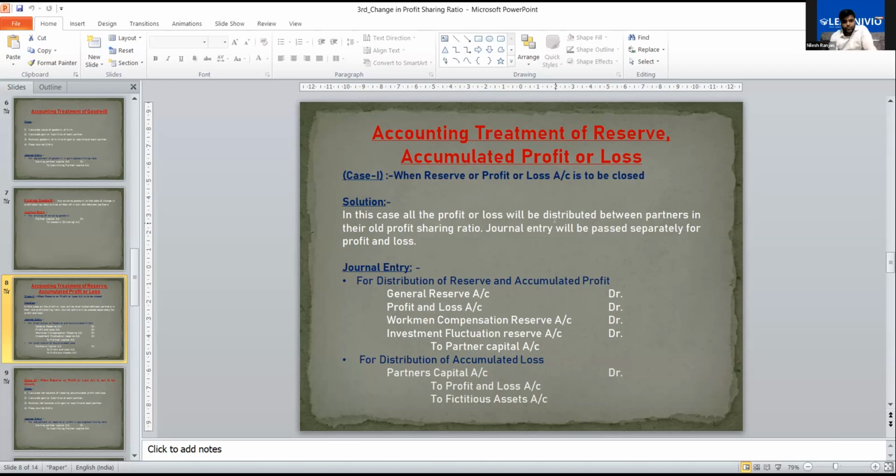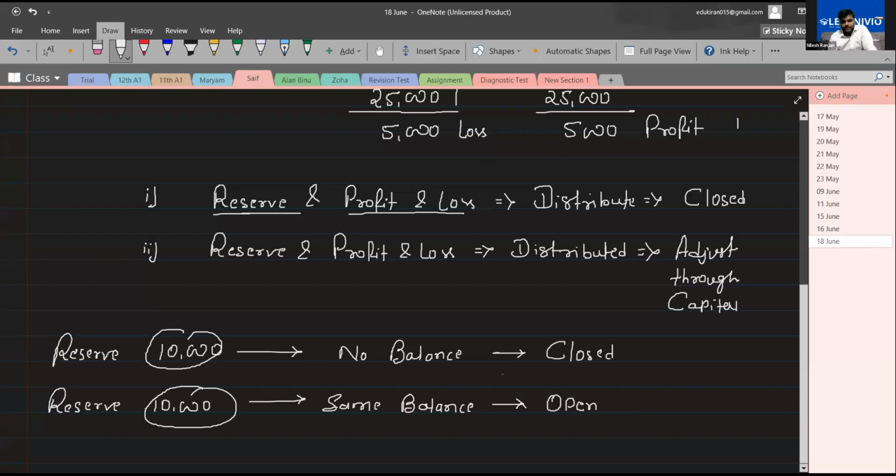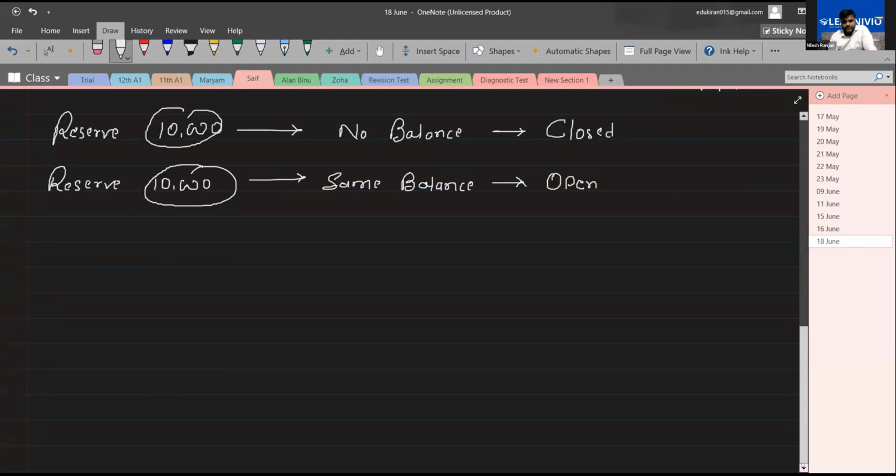Okay. So what we have to do, if both profit and loss are given in the question, we have to do a separate calculation for profit and then distribute it with a journal entry.